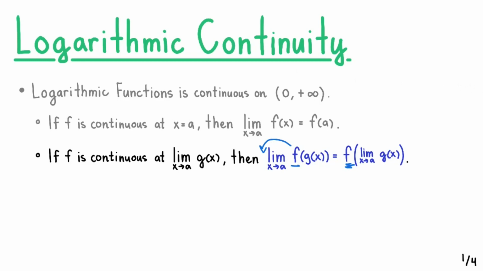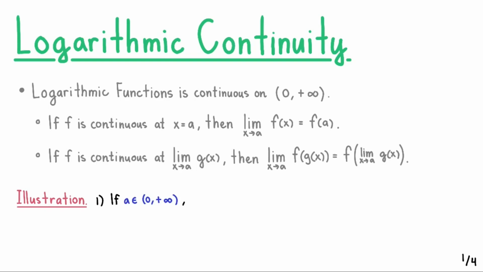To understand this better, let's have two illustrations. First, if we have a point a and it is positive, it follows that the limit of ln of x, the natural logarithm, so basically log to the base e of x, as x approaches a, and since a here is positive, we just plug in a into the logarithm.